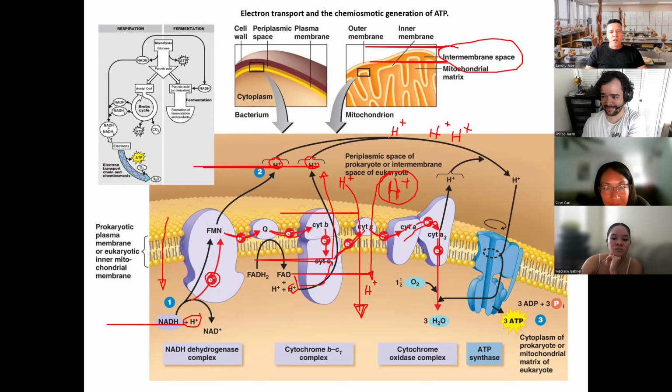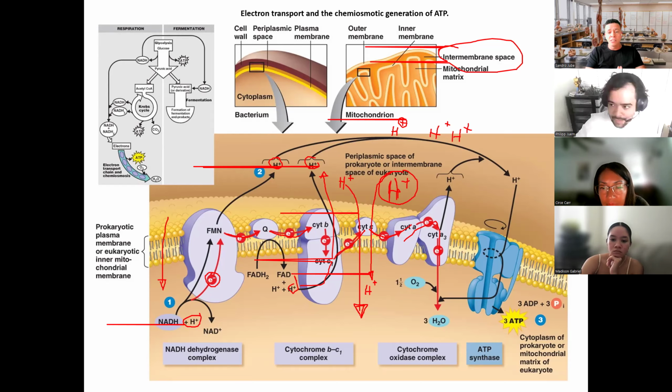Okay, I'm going to give you a clue. Can the charged hydrogen ions move across the phospholipid bilayer directly through simple diffusion? No. Thank you, Philip saved all of you guys. It cannot. It's the right answer. Why not?